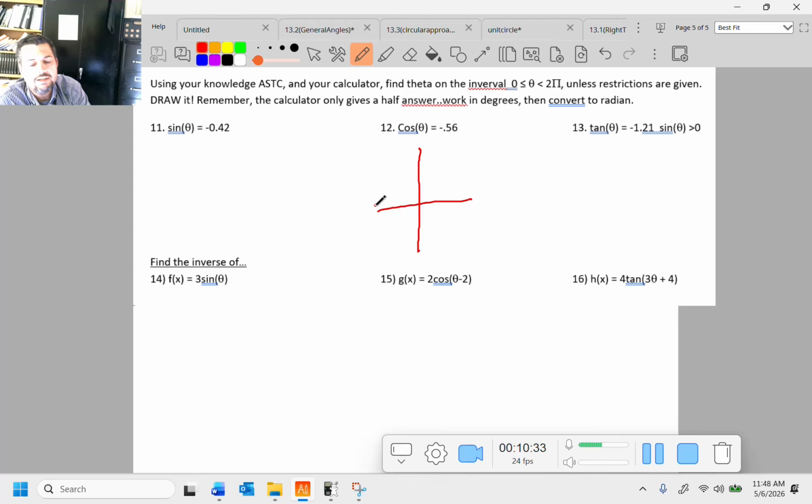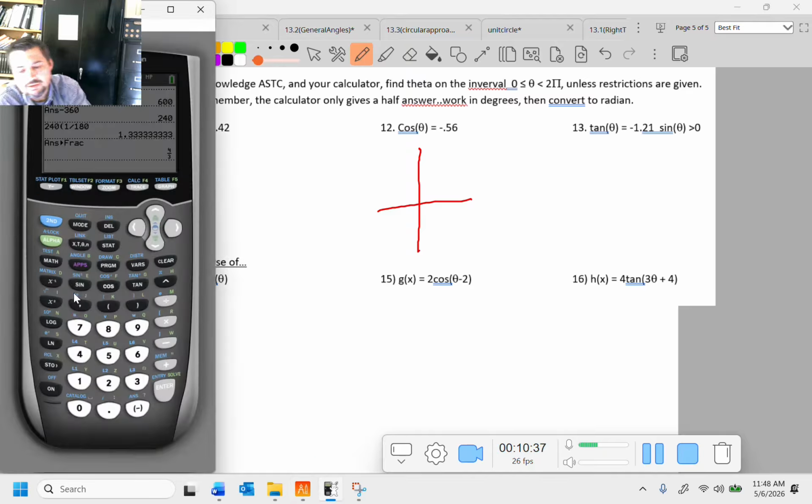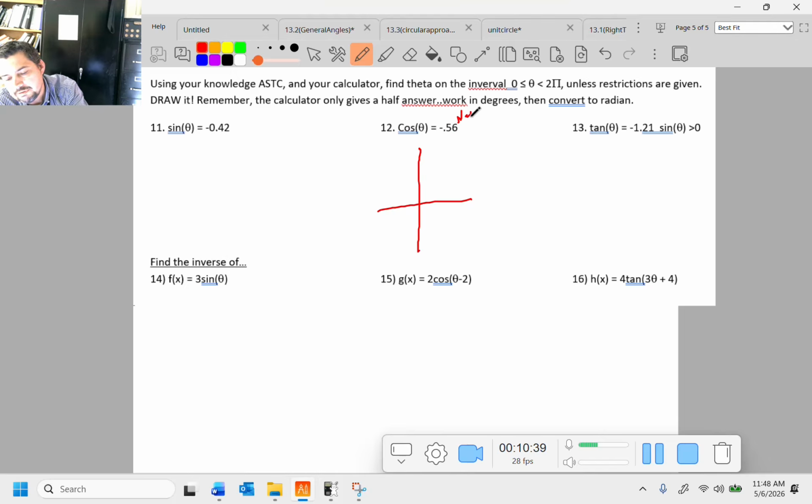I have no idea what angle has a cosine ratio of negative 5600ths, but I do know that this is negative. So the answer has to be either here or here, because sine and cosecant are positive, everything else is negative. Tangent and cotangent are positive, everything else is negative. The calculator is only going to tell me this one.